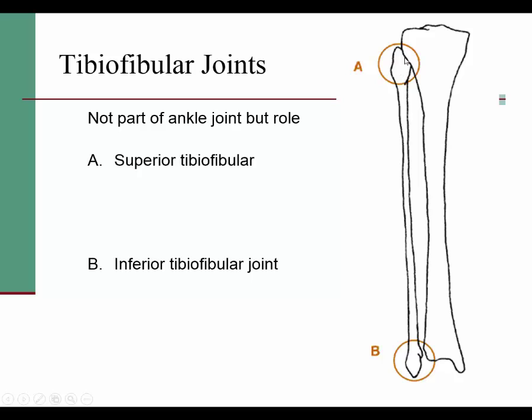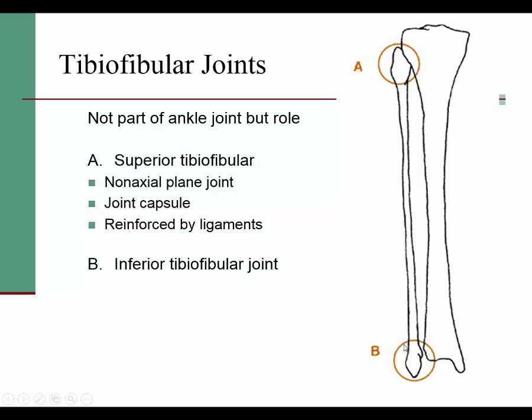The inferior tibiofibular joint is going to have more of a fibrous union, also called syndesmosis. There's no joint capsule down here, and mainly there's just fibrous tissue that's separating the bones and holding the joint together. A lot of the ankle strength will depend on a strong union right here, down at the bottom, at the inferior tibiofibular joint.